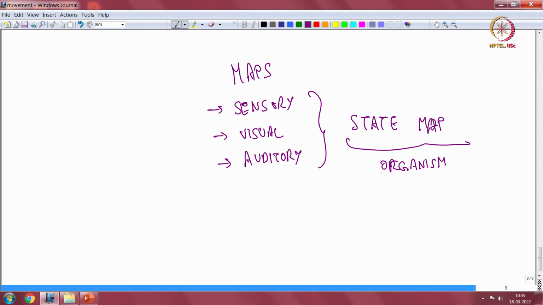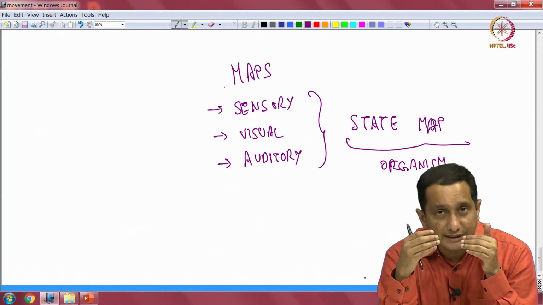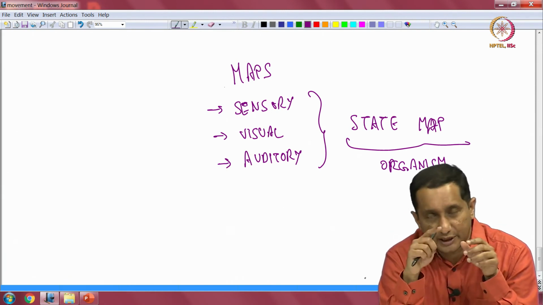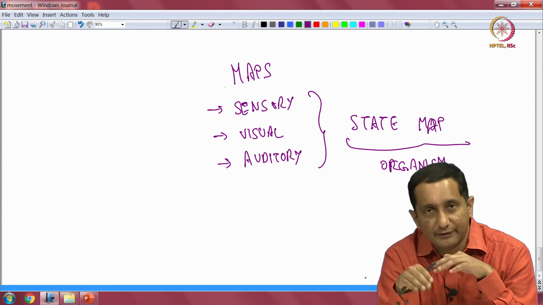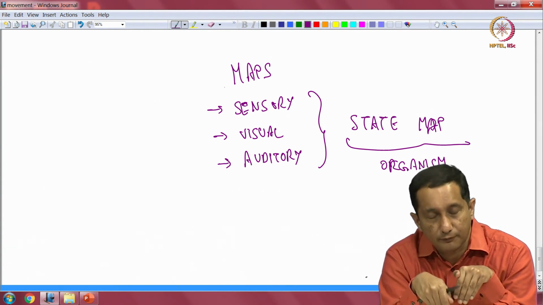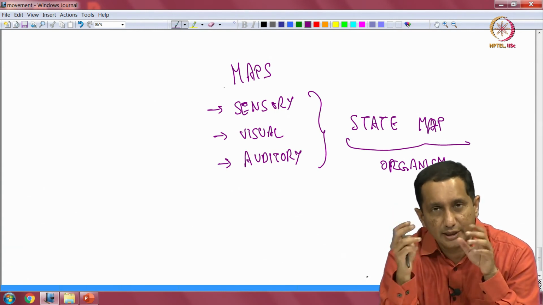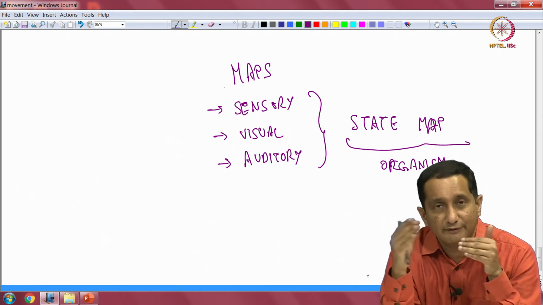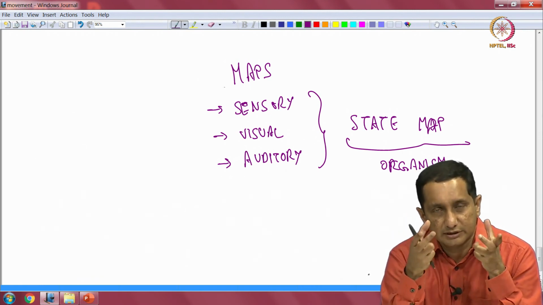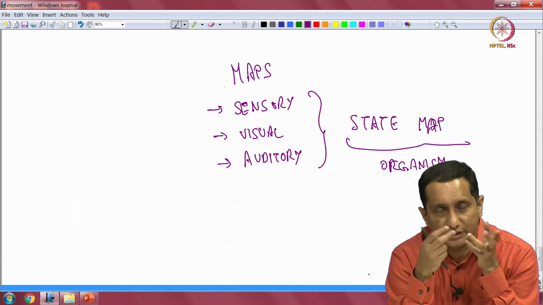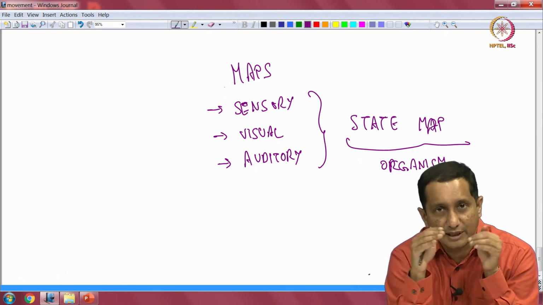Visual maps, of course, are much faster, because there is a large amount of data coming into the eye, and it is only about this much, about 10 centimeters. The sensory maps are more complex, because you get signals all the way from the feet up to the head, and the signals come at different phases, because transmission within the nervous system, though myelinated fibers, has maximum limits.